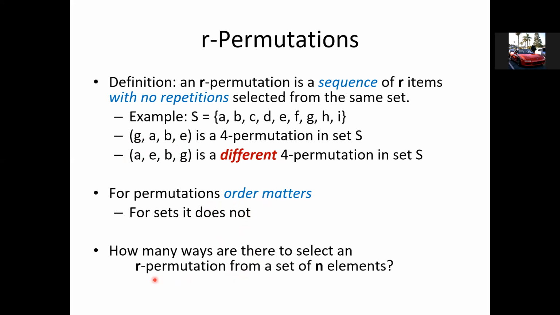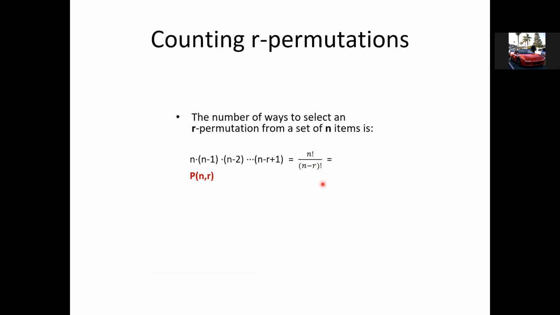And now the question is, how many ways are there to select such an r-permutation out of the n-element set or alphabet? So the number of selections is this. You have n choices for the first element, n-1 for the second, and so forth, right? Since you're making r choices and the number of possibilities decreases at every choice, the last one is n-r+1.